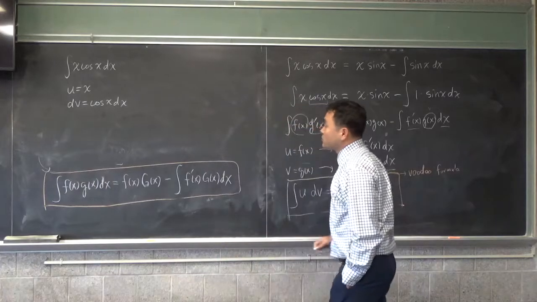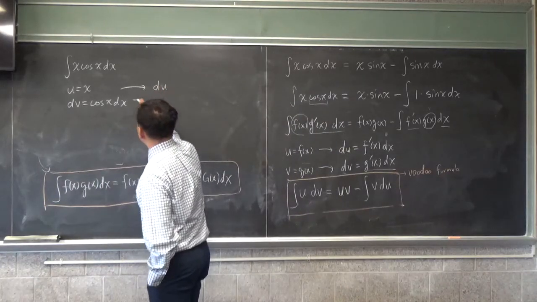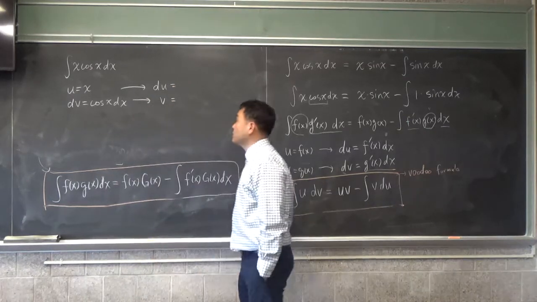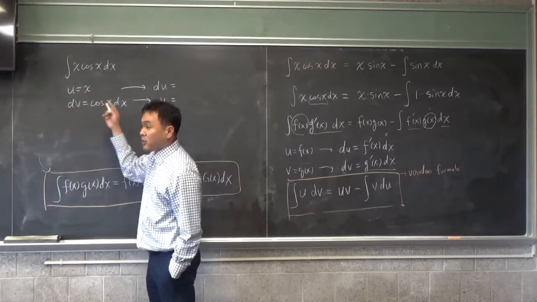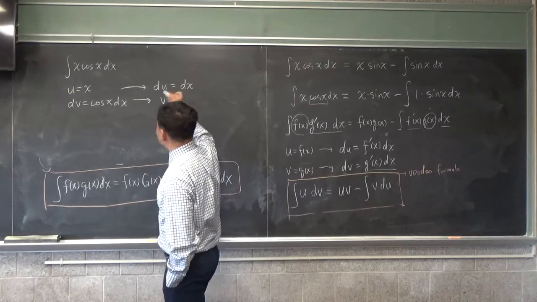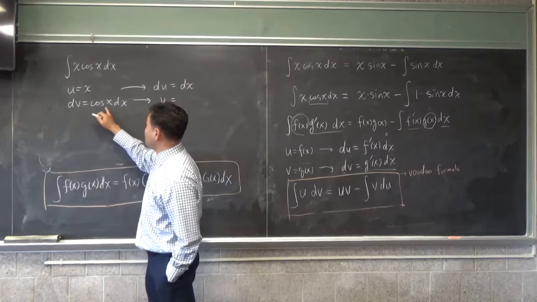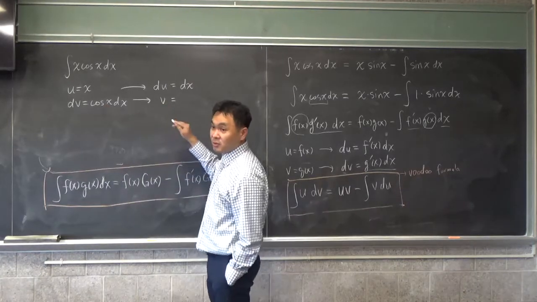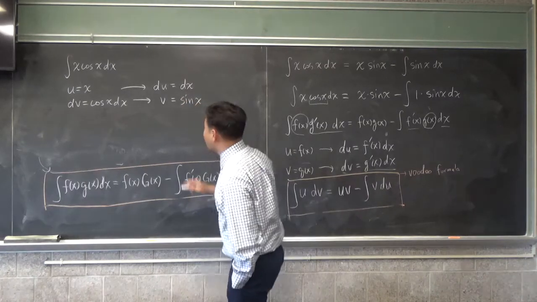And then what you do is you have to figure out what du is, and you have to figure out what v is. Okay. What is du? If you apply d both sides, it's 1 times dx, right? So it says dx. And to get v from dv, you have to find the antiderivative, right? So what would v equal to? Sine of x, positive sine x, okay?